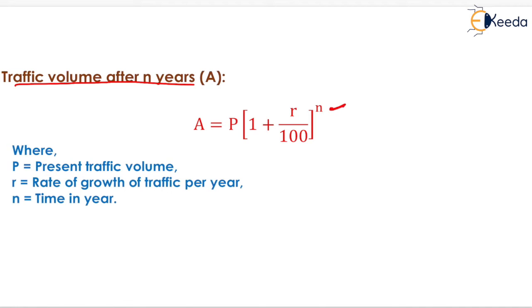It is just like the compound interest formula. Now we can compute the traffic volume after n years by just assuming the compounding effect of the traffic, where P is the present traffic volume, R is the rate of growth of traffic per year, n is the time in years.